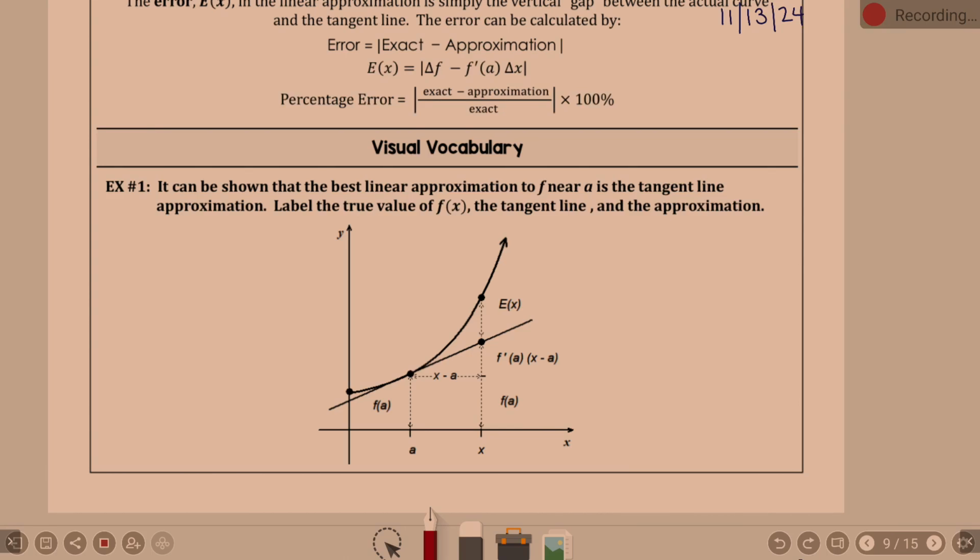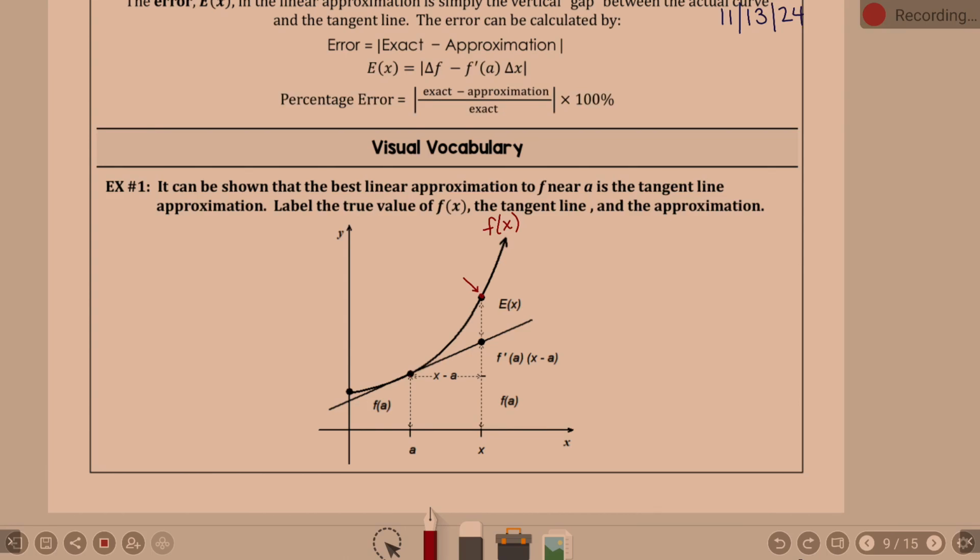When we start talking about our curve, this is what we would refer to as f(x). If we're finding a value on that curve, then the value on that curve is going to be your exact value, or what they call the true value. For instance, this point is what I'm going to talk about.